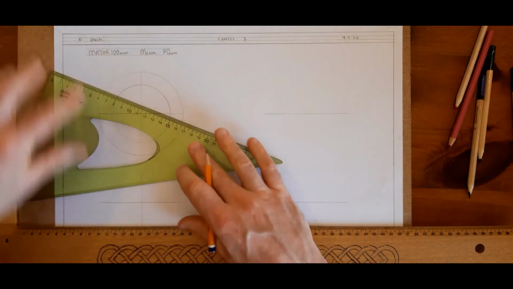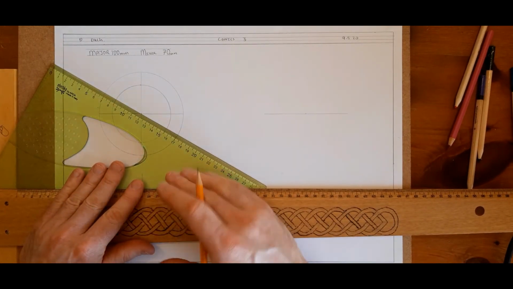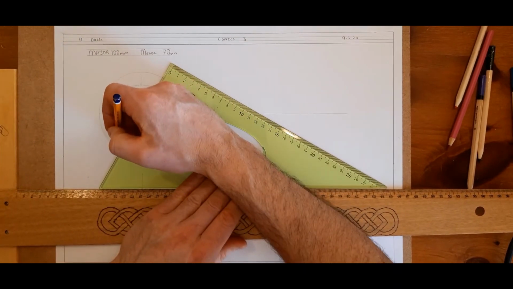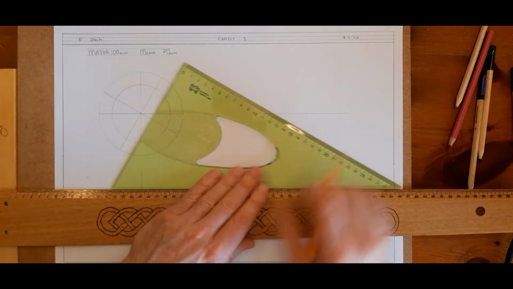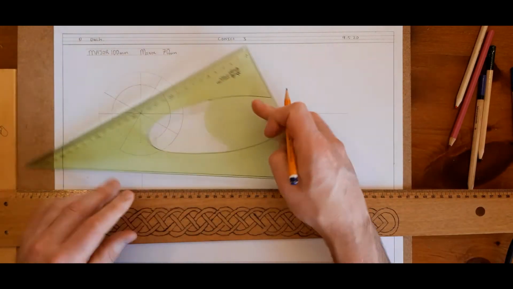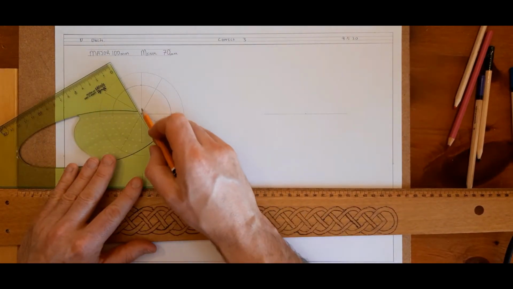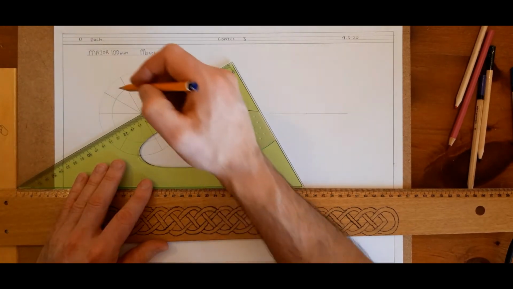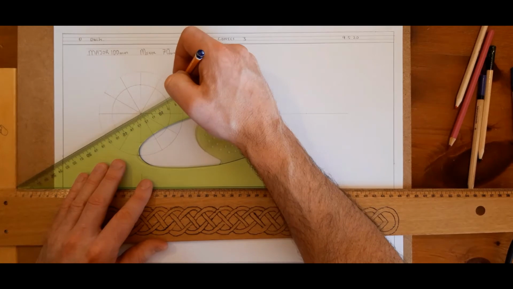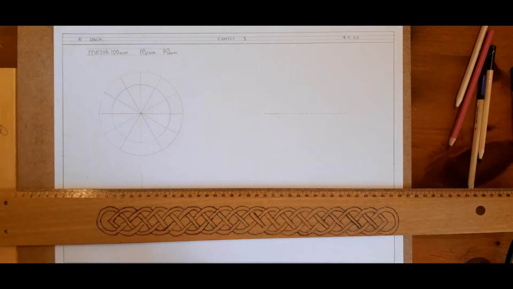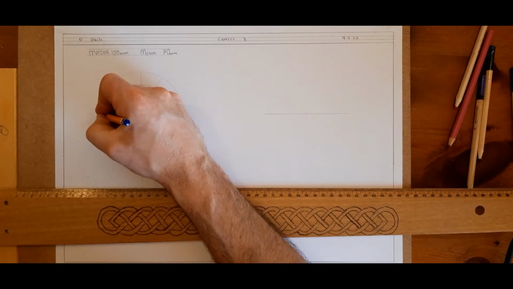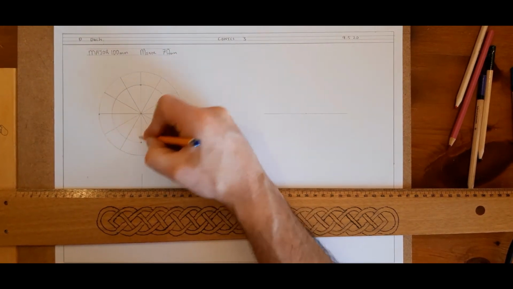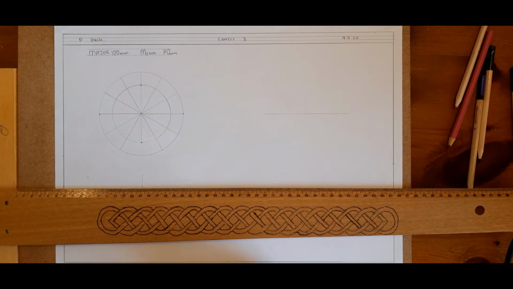Get our 60-30 set square and we'll divide up our circle. Now we have 4 points here straight away. And now let's find the 8 other points.